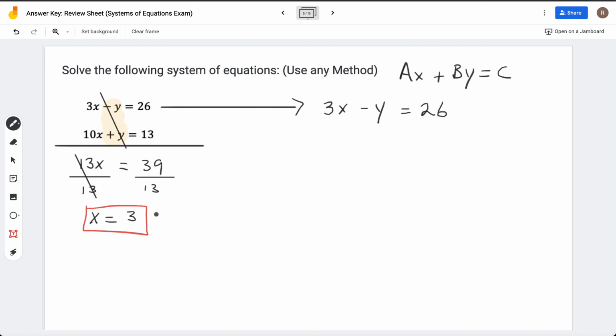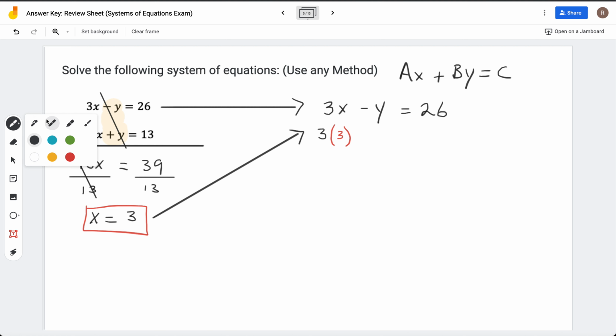Now we're going to take what we found, x is equal to 3, and plug in 3 wherever we see x. So we're going to rewrite the equation, but anytime we see x, we plug in that value of 3. So 3 times 3 minus y is equal to 26.